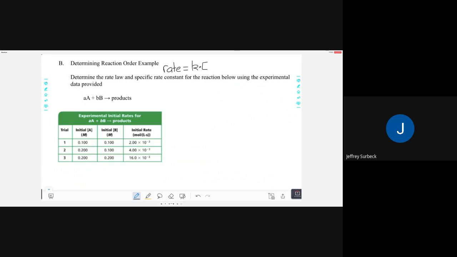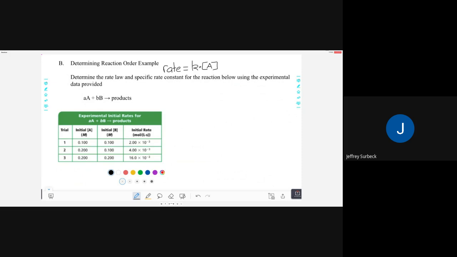We have reactant A, and so we're going to say times the concentration of reactant A. And overall, what we're really trying to do is figure out that power that's attached with A. We could call it X, Y, because the notes use M and N.